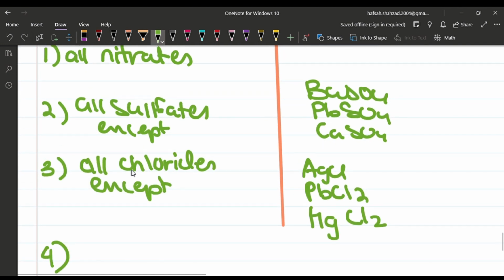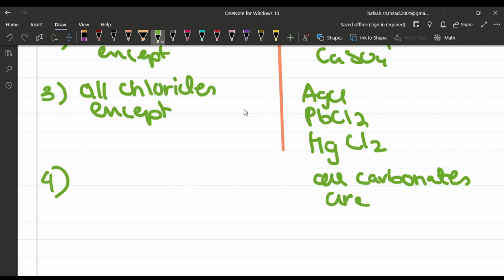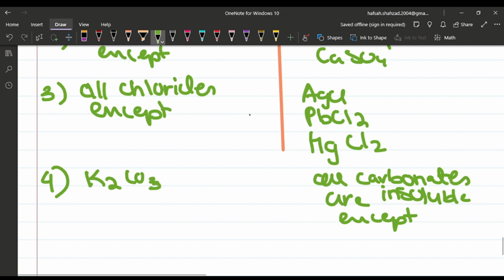Now just like all nitrates were soluble, all carbonates are insoluble except some exceptions: potassium carbonate, K2CO3, sodium and ammonium.